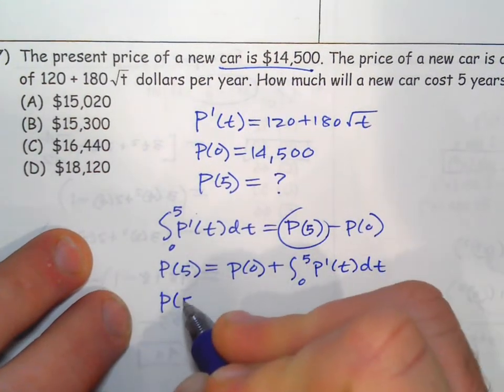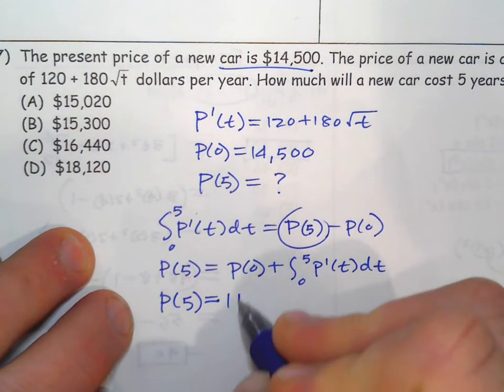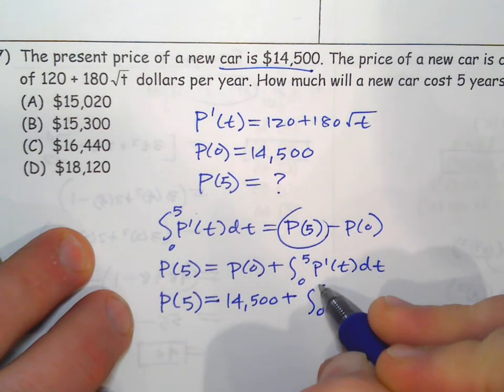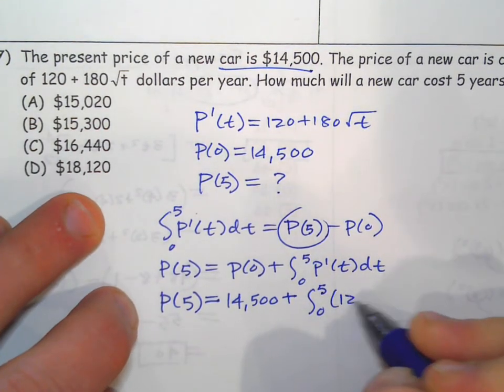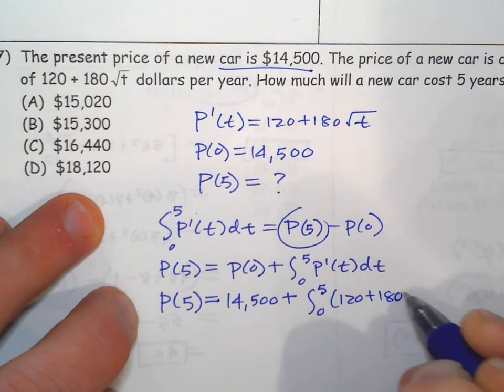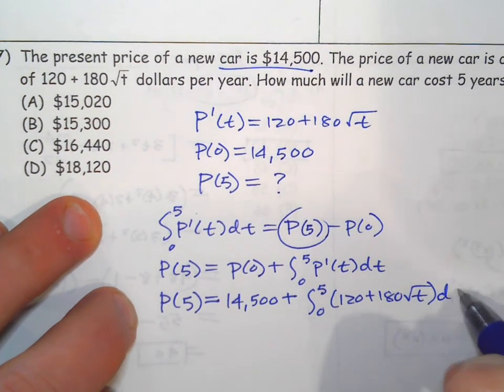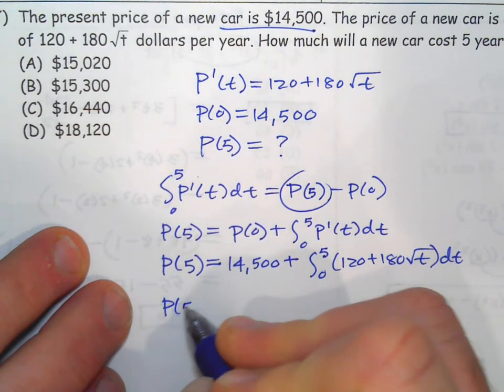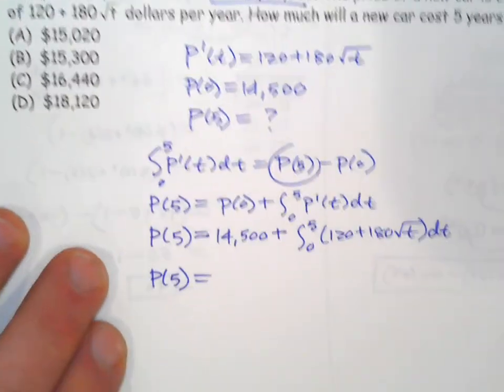So P5 equals 14,500 plus integral 0 to 5 of 120 plus 180 square root of t dt.